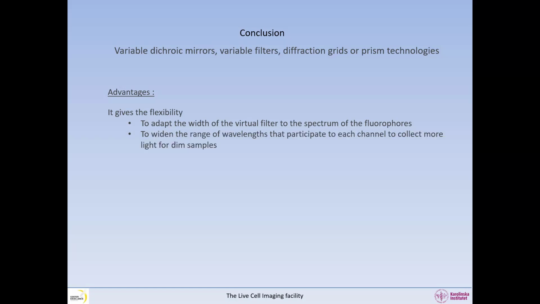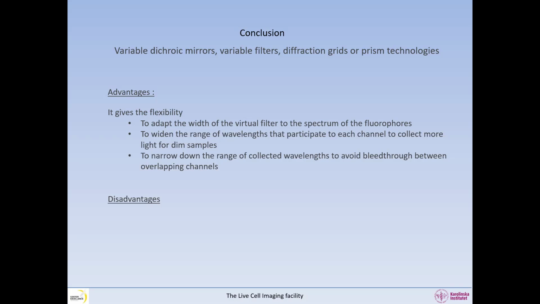If you have a very dense sample, you can widen the range of the wavelengths that participate in each channel, so you will be able to collect more light. Or you can do the opposite: you can narrow down the range of the collected wavelengths to avoid bleed-through between overlapping channels. But there are also disadvantages, and probably the main disadvantage is that the equipment is much more expensive.